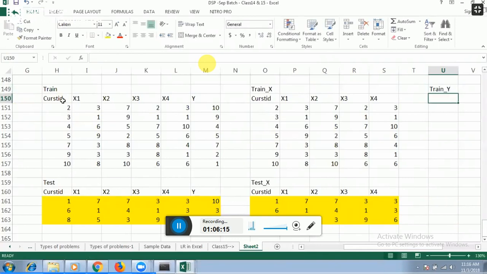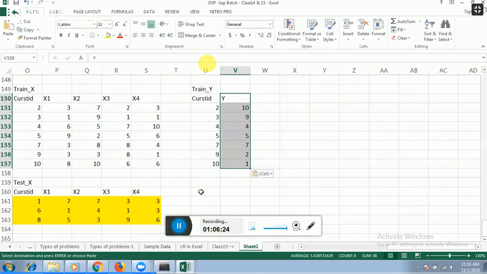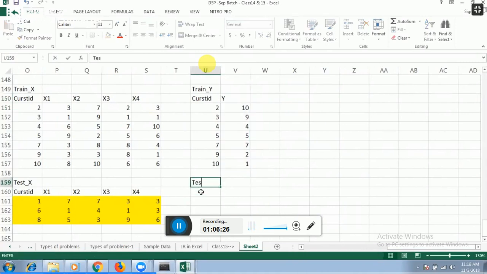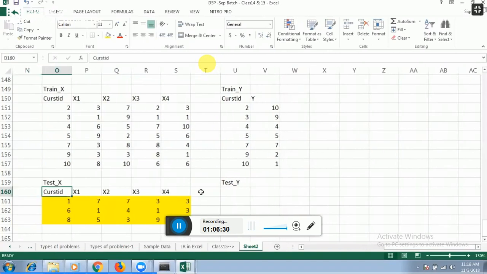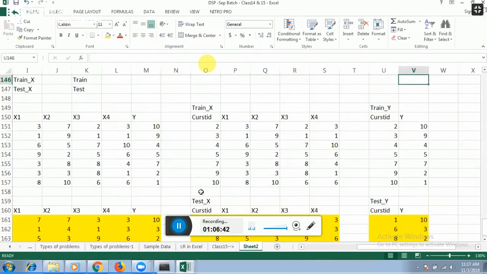So of course, this one. And the test Y. So you are clear now what a train test split is and how it is done.